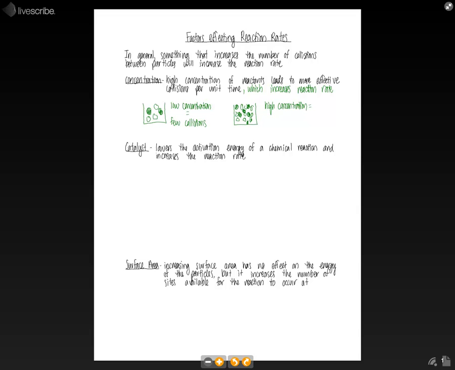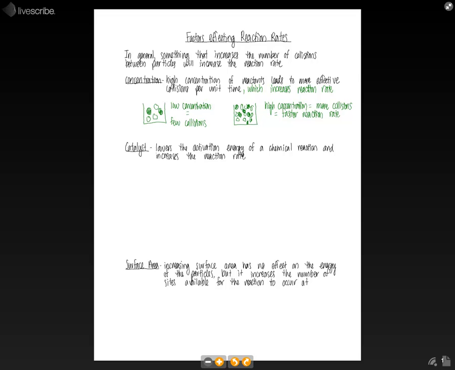We're going to have more collisions, because you can just tell by the picture there's less free space involved. So this is going to equal a faster reaction rate. So high concentration of reactants leads to a faster reaction rate.